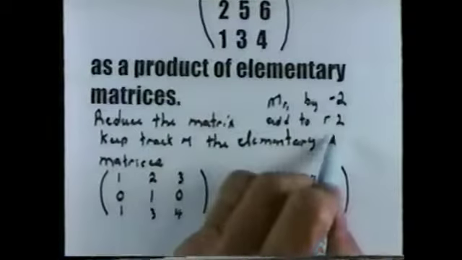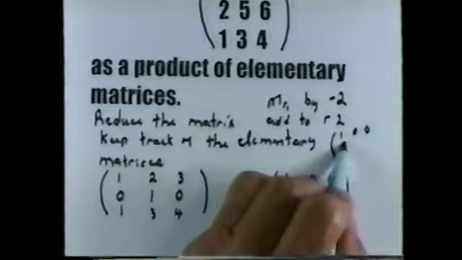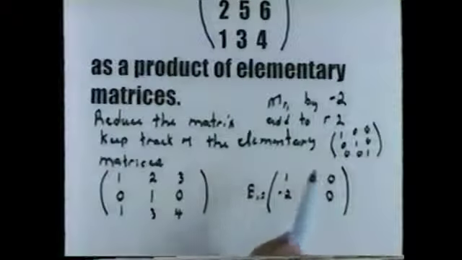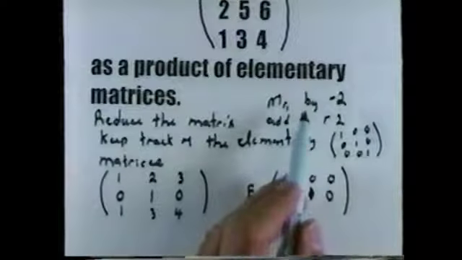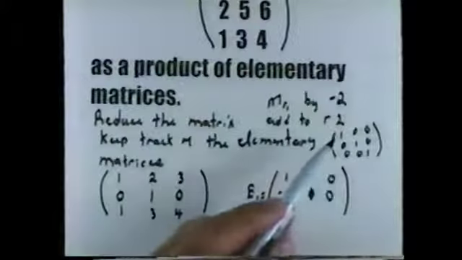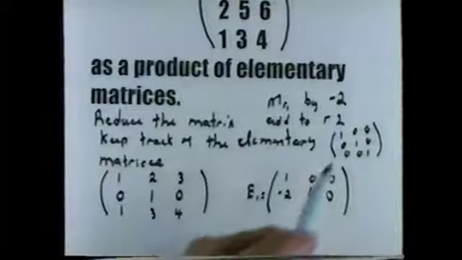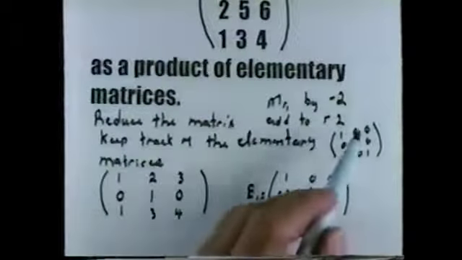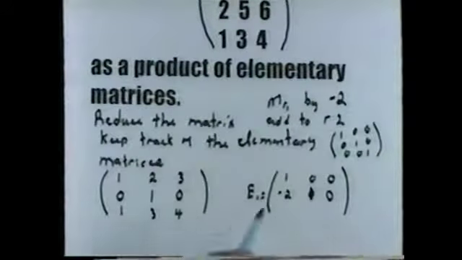See, the identity, let me write it here real small, is 1, 0, 0, 0, 1, 0, 0, 0, 1. So to get E1, I go to the identity matrix and do the same thing I did up here. Multiply row 1 by negative 2 and add to row 2. Negative 2 times 1 is negative 2, plus 0 is negative 2. Negative 2 times 0 is 0, plus 1 is 1. Negative 2 times 0 is 0, 0 plus 0 is 0. And I'll leave row 3 the same.